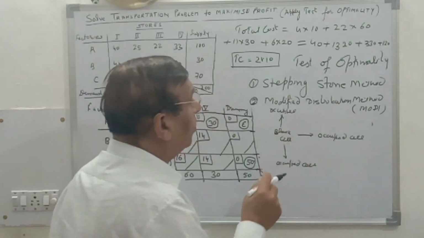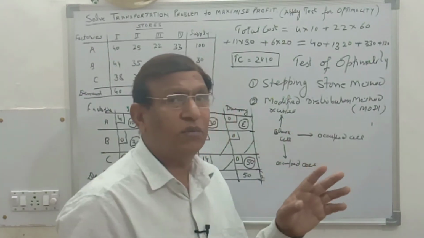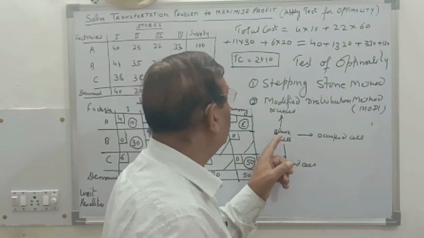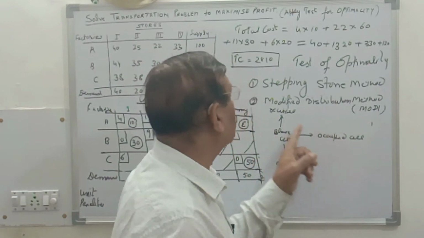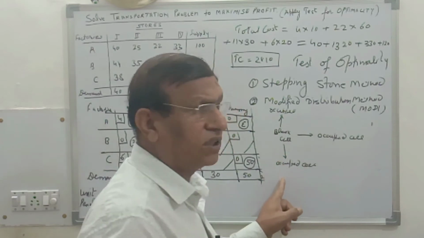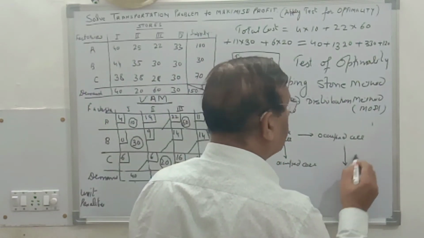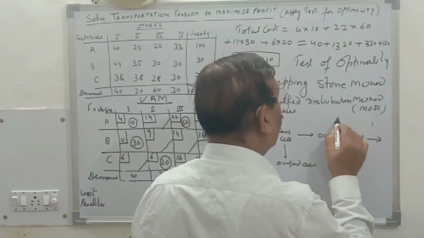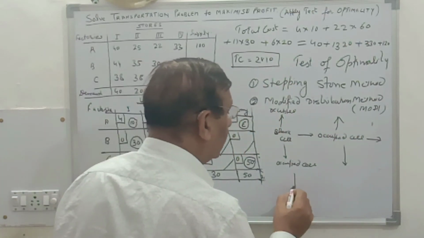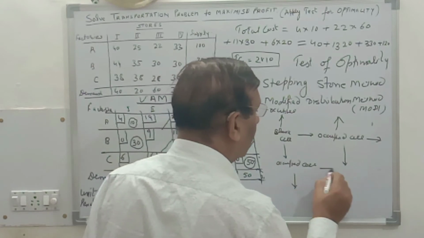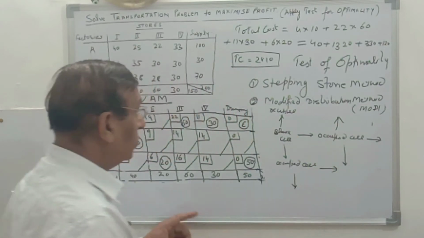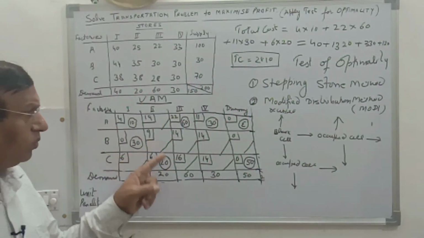You cannot move in the three directions simultaneously. You have to move from the blank cell in either this direction or this direction or this direction, and again from the occupied cell you have to move like this. So I will let you know how to move.